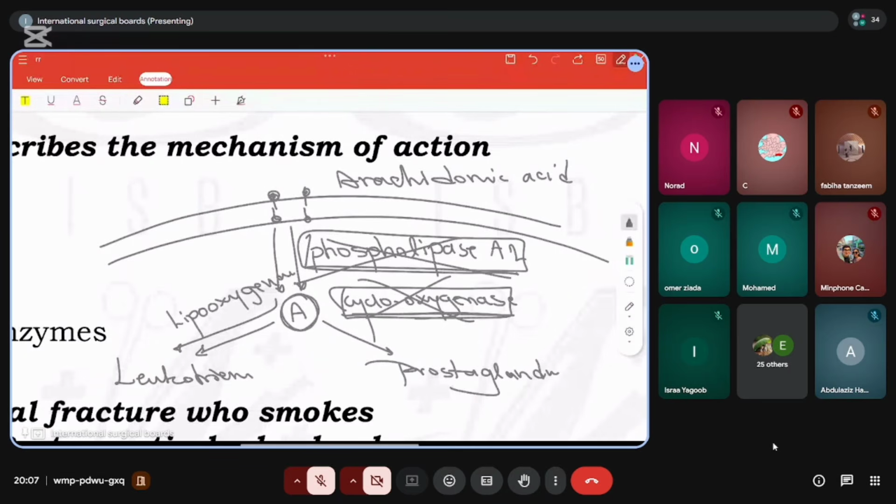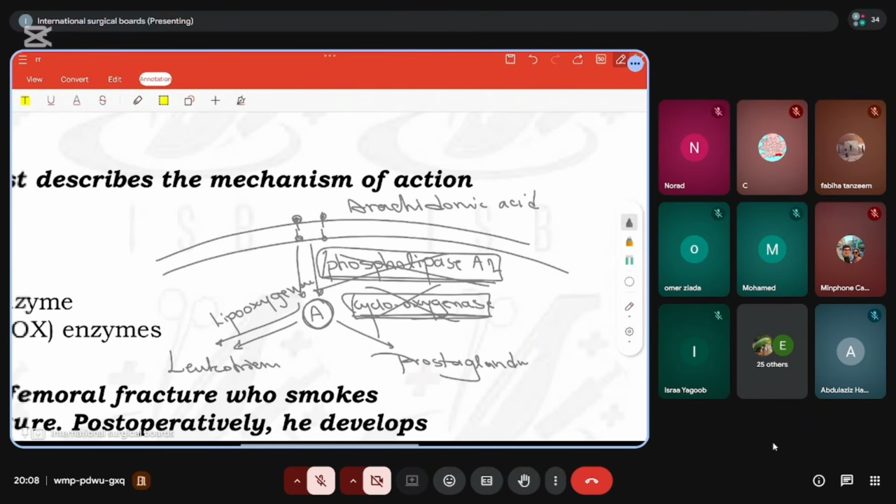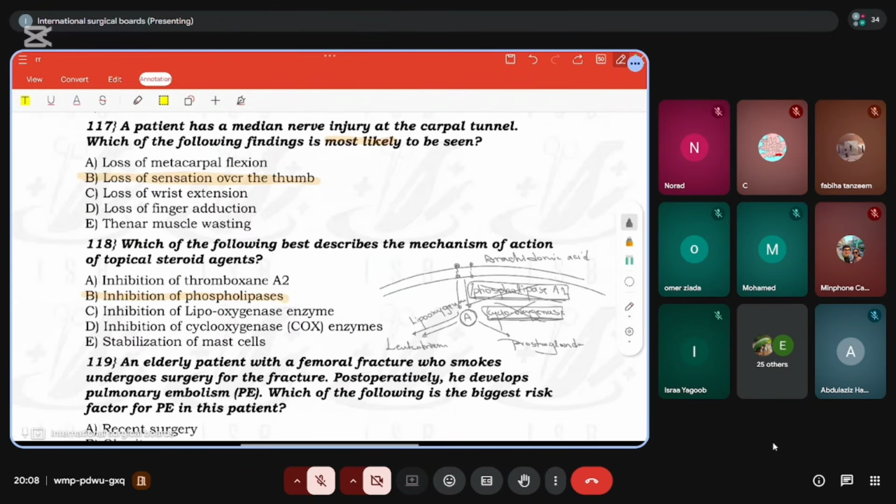Because asthma person, if you give them non-steroidal anti-inflammatory drug, their arachidonic acid will be mostly shifted to the production of leukotrienes, which mediate the bronchial inflammation seen in bronchial asthma. So when asthmatic person takes non-steroidal, they have a flare in their asthma. They have acute exacerbation. Okay? Simple, right? Let's move to the next one.